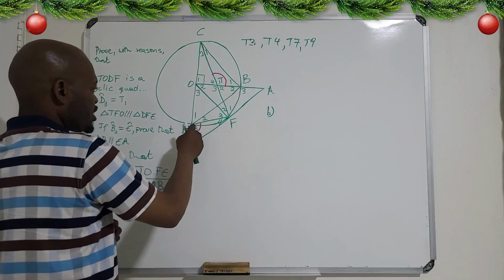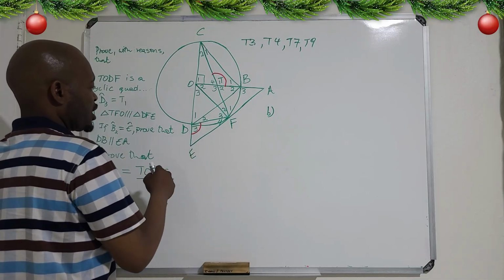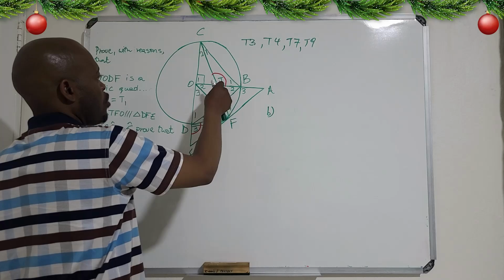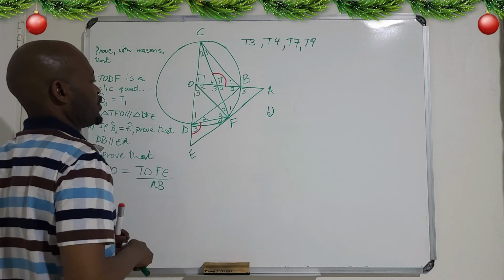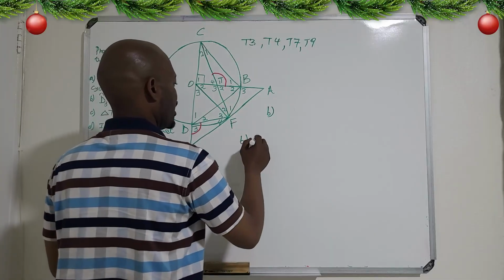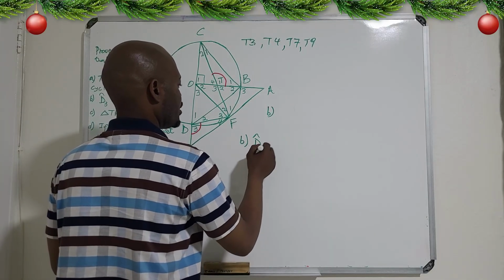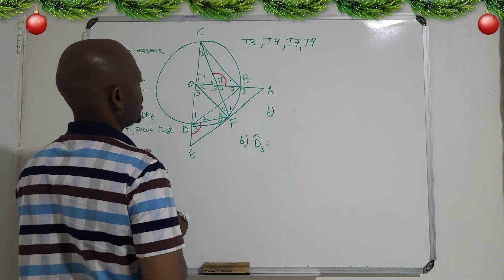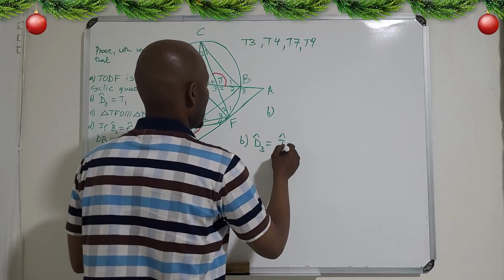Now, this is an exterior angle of a cyclic quad, which is equal to the opposite interior angle, which is T3. B. Angle D3 is equal to angle T3.